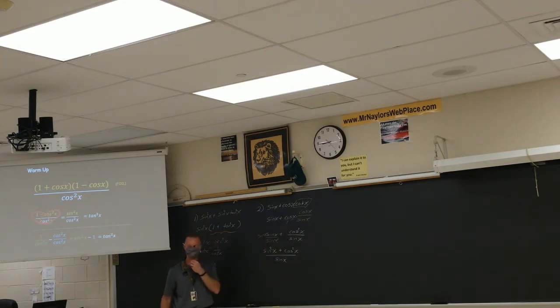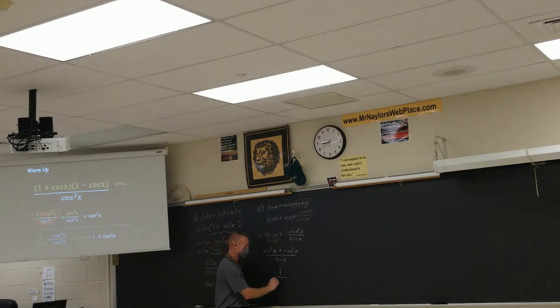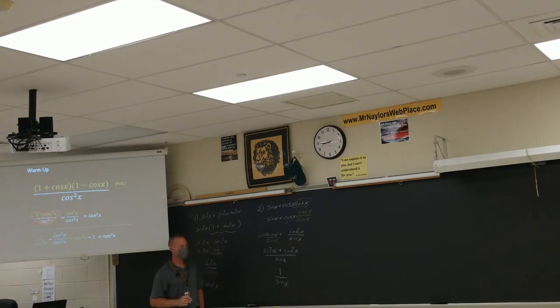When I started getting those squares, good stuff happens, because squares often are Pythagorean identities. And this is the beauty, right? Sine squared plus cosine squared is 1. And 1 over sine is cosecant.